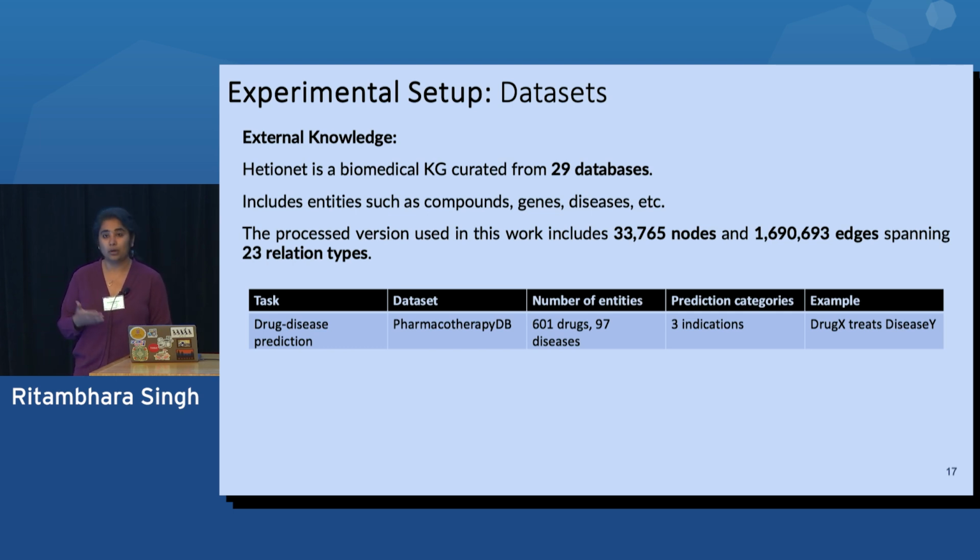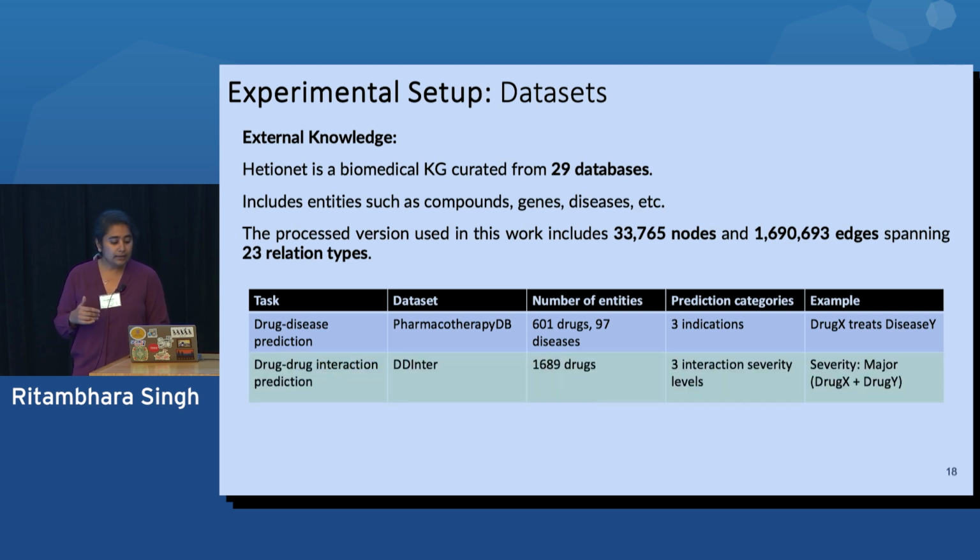From the pharmacotherapy database, this has 3 prediction categories, talking about, for example, does drug X interact with disease Y, and so on and so forth. The other interaction task that we focused on is drug-drug interaction prediction. So here we have a DDInter database that has, again, 3 categories of predictions talking about how severe the interaction between the drugs is.